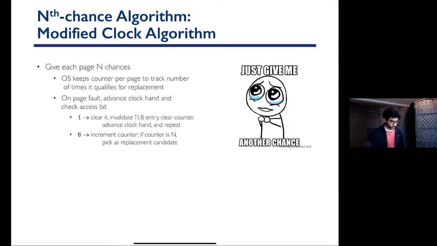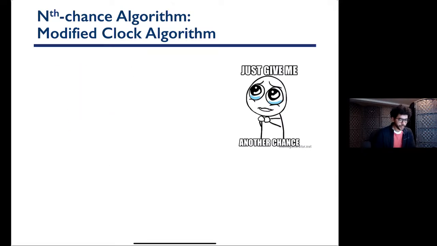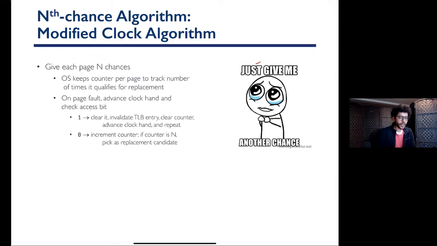Now, here is how we're going to change the algorithm. As I said, we're going to again put everybody around the clock. Let's say that the clock hand is here, pointing to this page number, let's say 10.